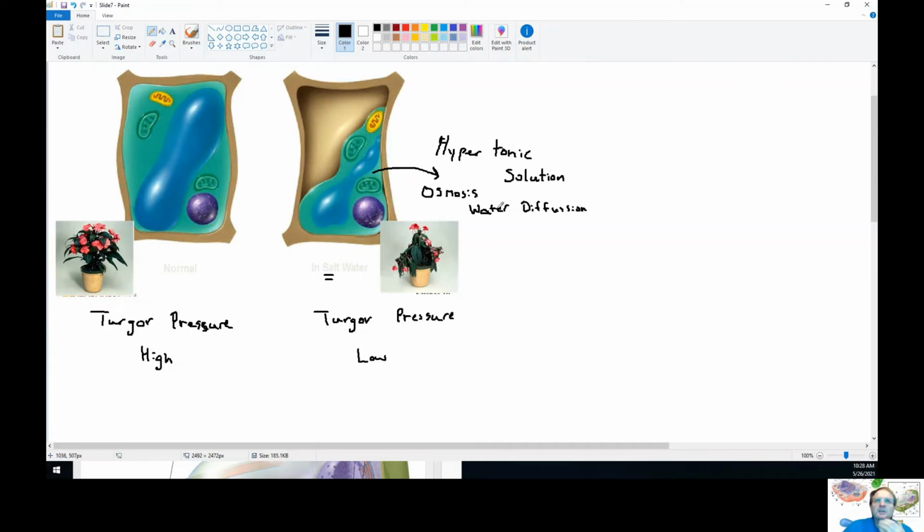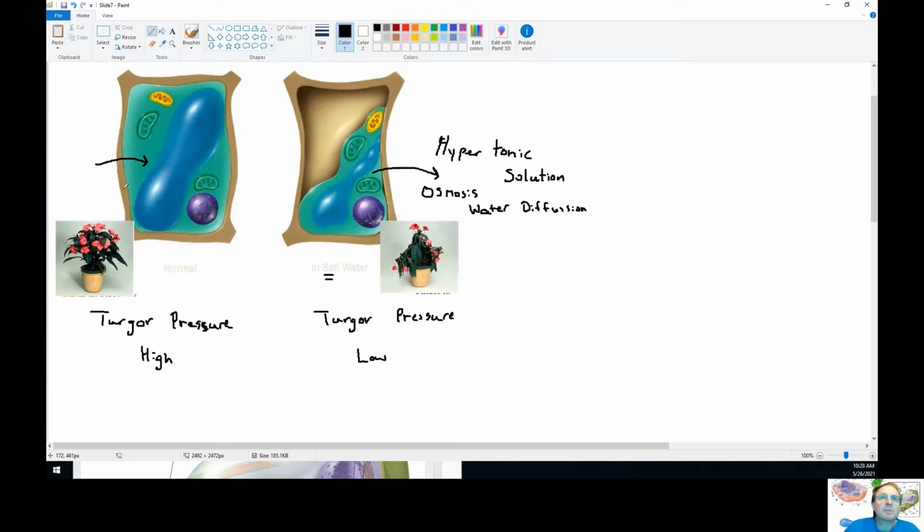Okay, so we've seen and talked about the central vacuole. We've talked about this concept of turgor pressure, which is really important. And we mentioned, and this is also super important, the process of osmosis, the movement of water across a membrane. In this case, the water is going out. In this case, water is being drawn in. And eventually it hits an equilibrium point, and there's more than enough water in there.